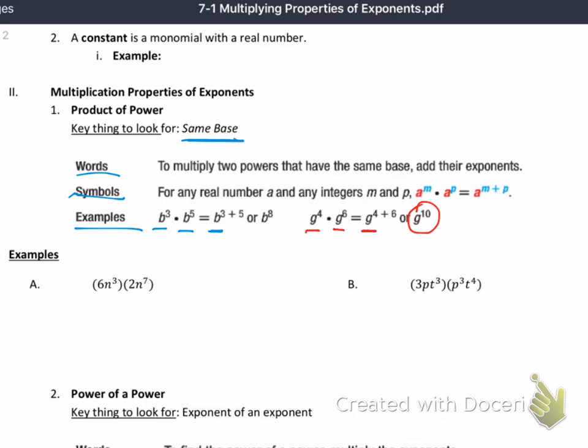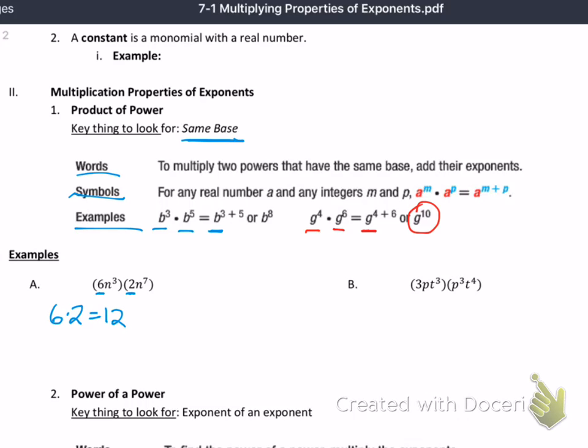If we look at example A, 6n cubed times 2n to the 7th. You can actually multiply the base numbers, so 6 times 2, which we know is going to be 12.